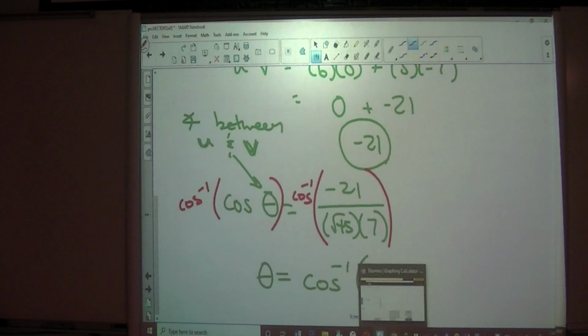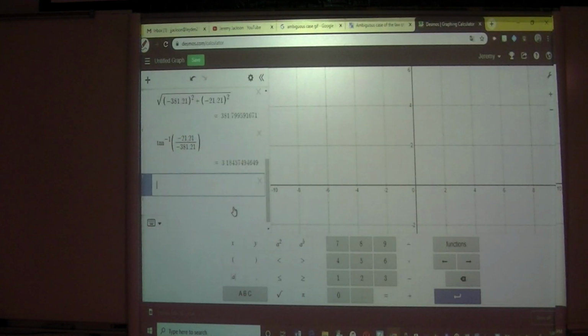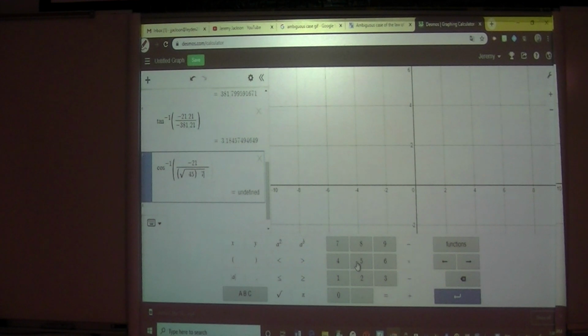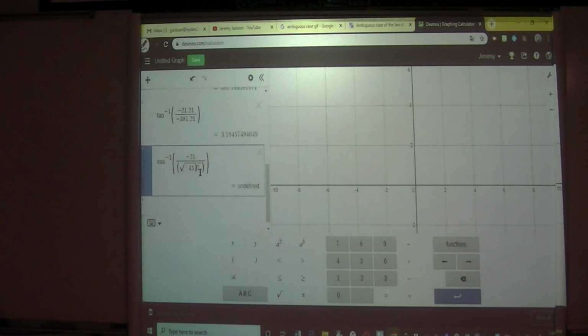The way I'm going to do this is the inverse cosine of, on top we had -21. On the bottom, I'm going to go in parentheses. We had the square root of 45 times 7, and this is all under that square root. That didn't work, hold on, there's a mistake.